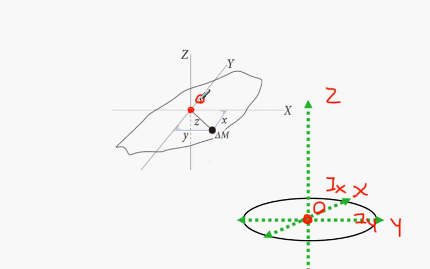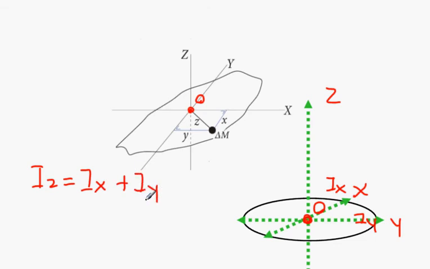And then the moment of inertia Iz. If we want to find the moment of inertia through a perpendicular axis, this axis has to be perpendicular to the other two axes. We have to prove that it's given by Iz equals Ix plus Iy.